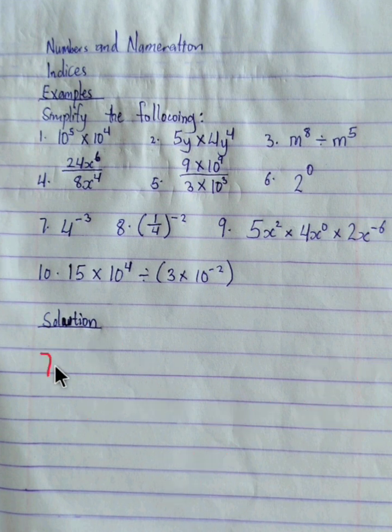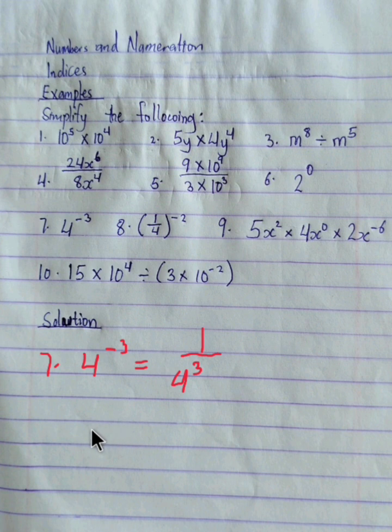Number 7, 4 raised to power minus 3. In this example, we have a negative power, which is minus 3. So we are going to rewrite this. We are going to transform this. This negative means that it is 1 over 4, the base, raised to power 3.